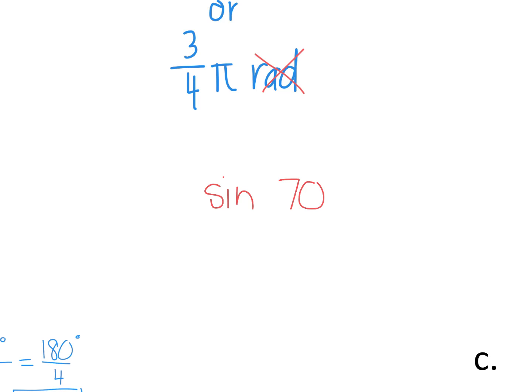So this would be sine of 70 radians. If I write this with a degree symbol, then that is the sine of 70 degrees. So that symbol being there is really important. Just to know the difference, if there's no degree symbol, it's not in degrees, it's in radians. If there's a degree symbol there, then the angle is in degrees.